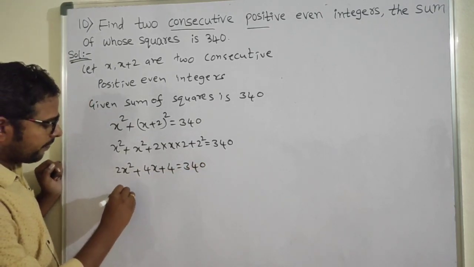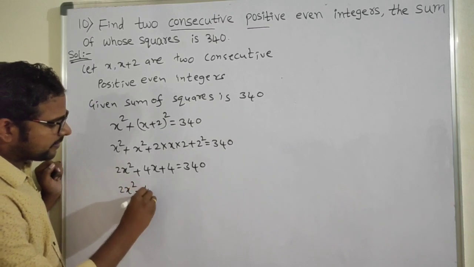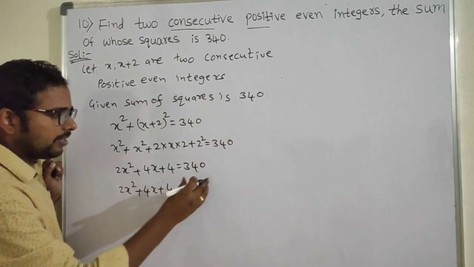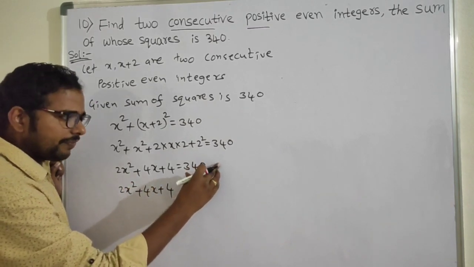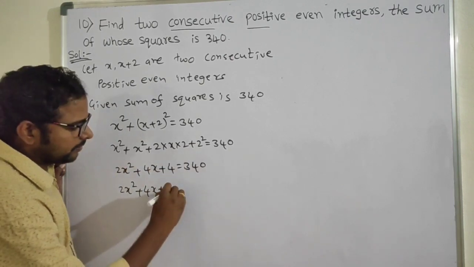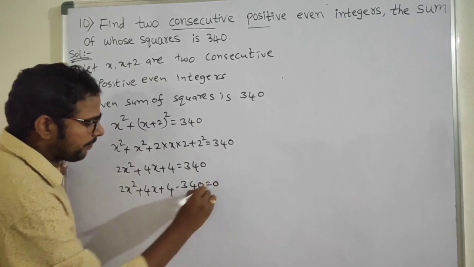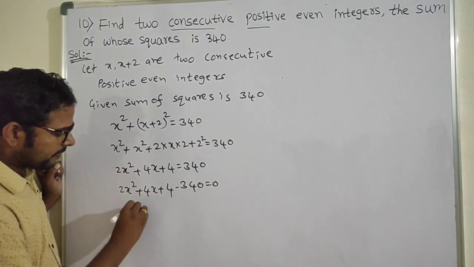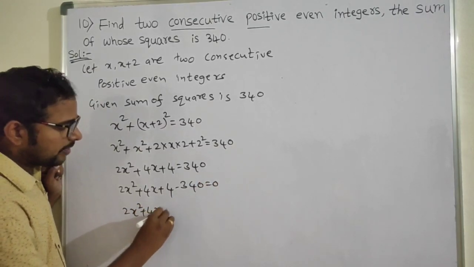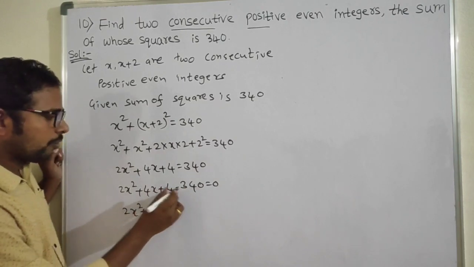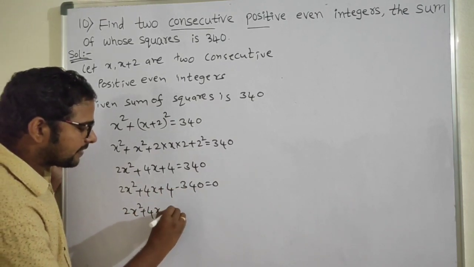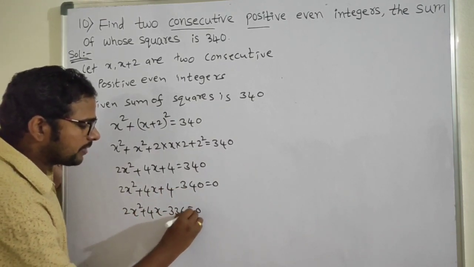So 2x square plus 4x plus 4 minus 340, that is minus 336, equals 0.